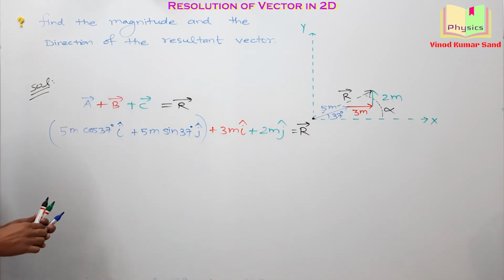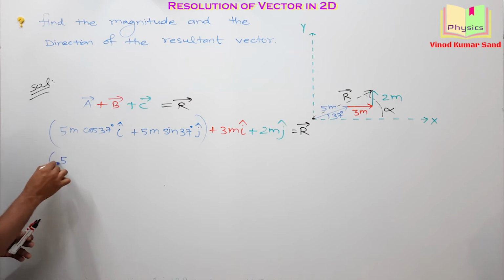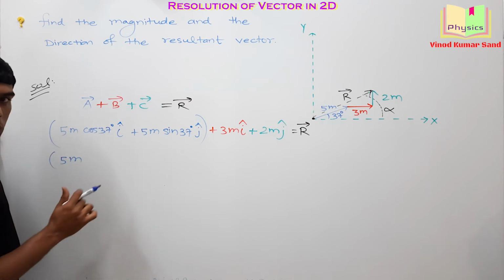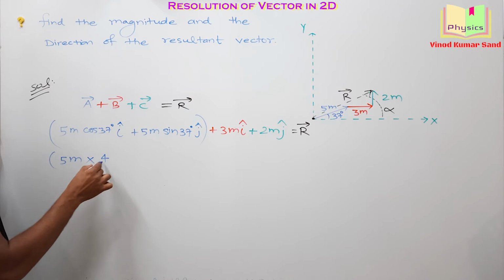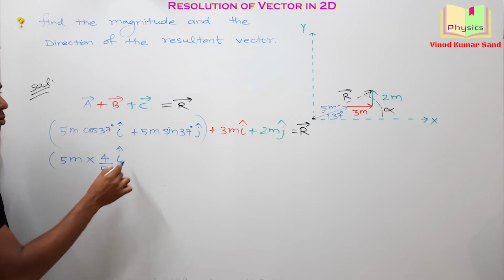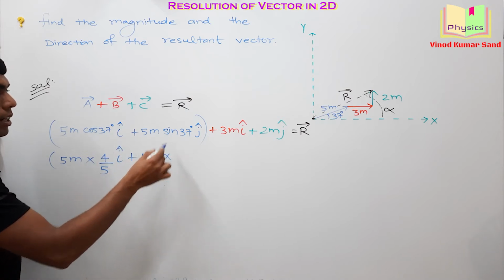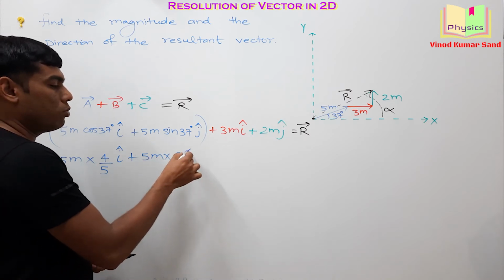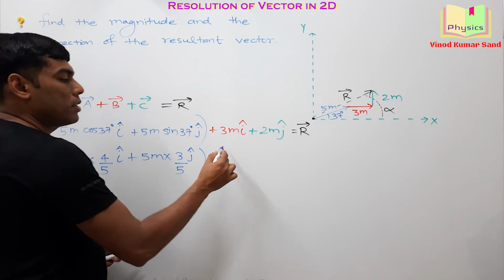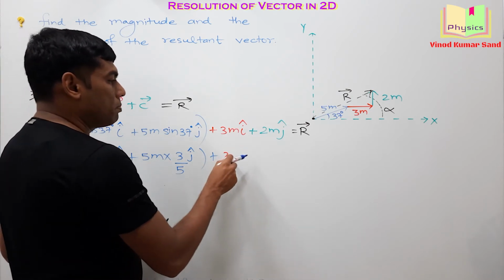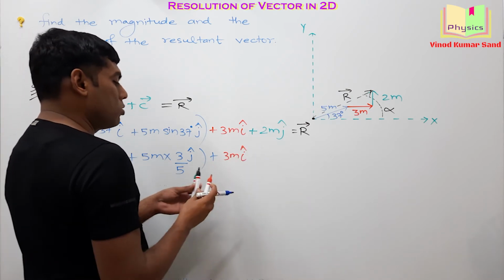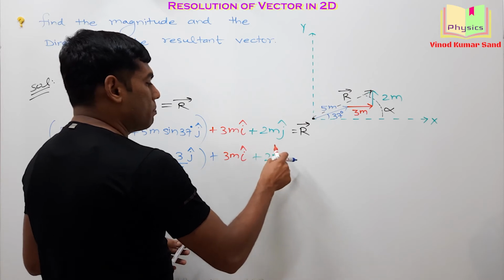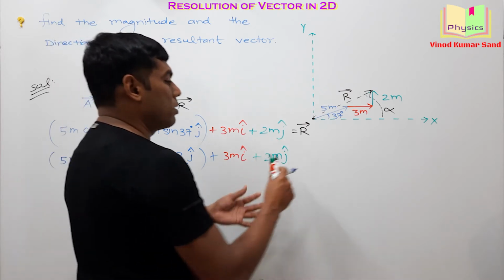We are simplifying the things further. 5 meter into cos 37 degree. Cos 37 degree is 4 by 5. 5 meter into sin 37 degree. It is 3 by 5, plus 3 meter of i cap plus 2 meter of j cap is equal to R vector.